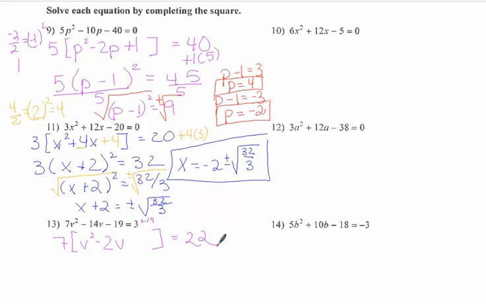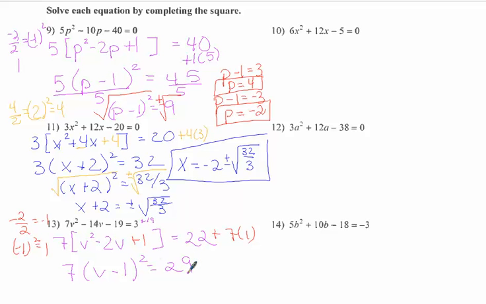From there, I take the negative 2, divide by 2, I get negative 1. Negative 1 squared is 1. I add 1, but I'm really adding 7 times 1. I get 7 times (v minus 1) squared equals 29.